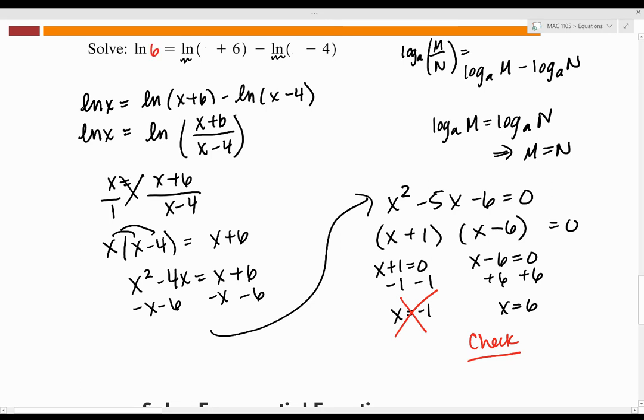So we have the natural log of 6. Well, that's positive. That's okay. We're going to have 6 plus 6. That's 12. That's okay. And we're going to have 6 minus 4, which is positive 2. And that's okay. So our only answer for this problem is x equals 6. And x equals negative 1 would be considered our extraneous solution. Cool.